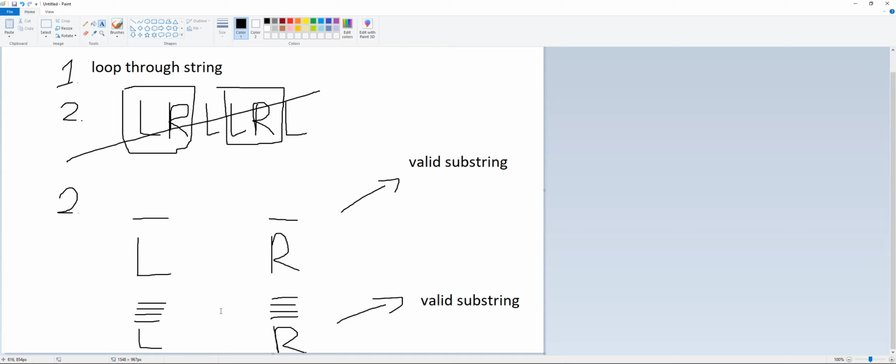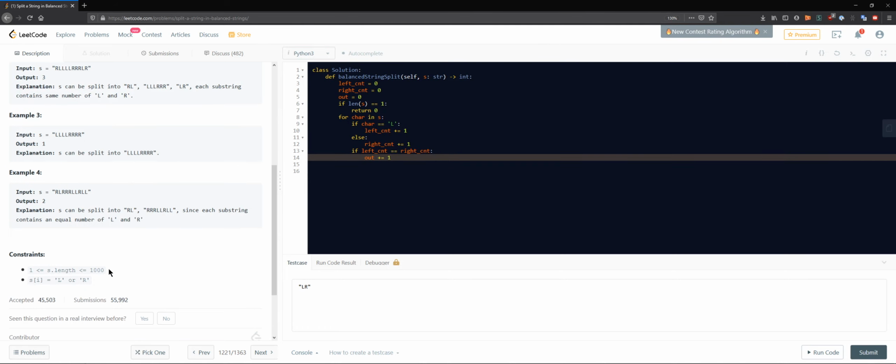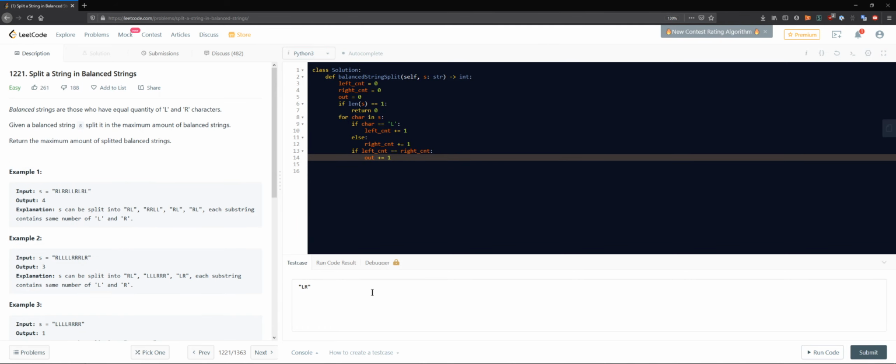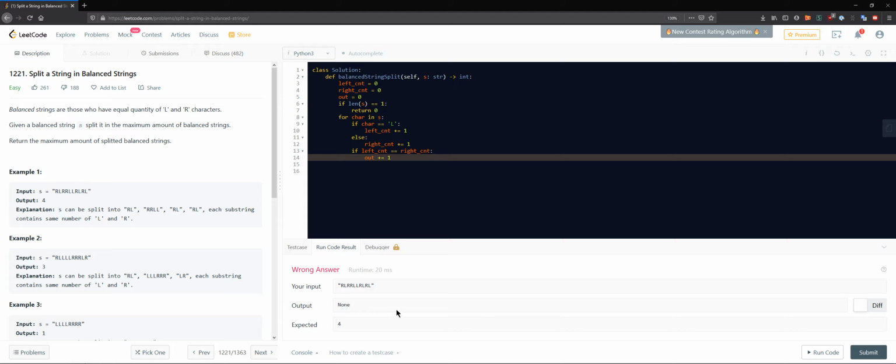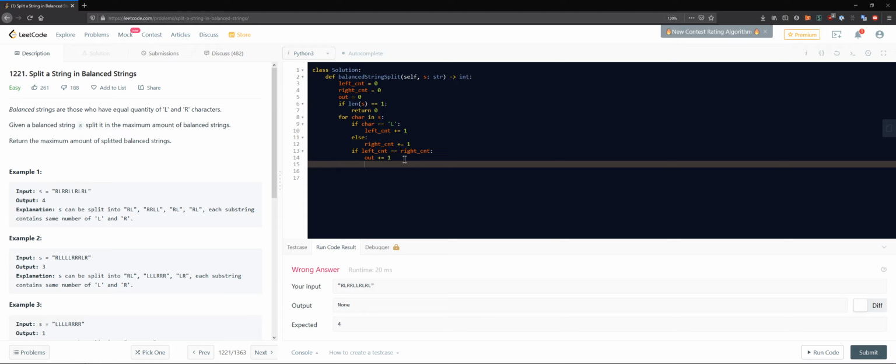It only updates two counters and looks if they're equal, and according to this that is basically the solution. This should give us the solution. So let's try it out. This is the first one. Let's run it, see what we get. And output none, because I didn't output anything.